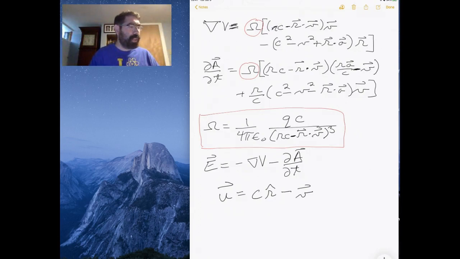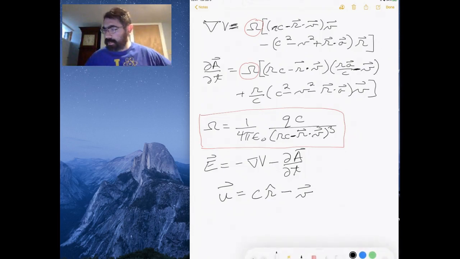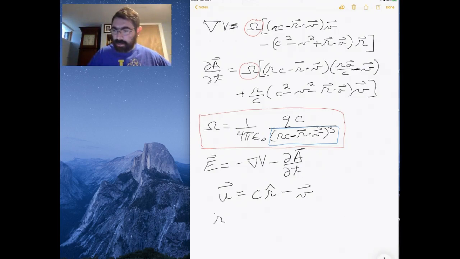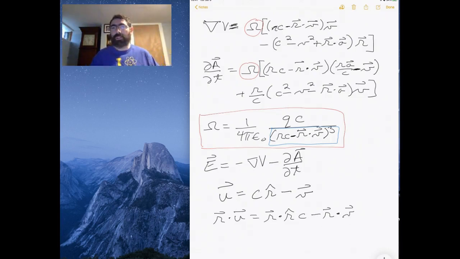Okay, so when I do that, I can take a look at this term here in the denominator of what I've called omega, and take the quantity r dot u, that quantity right here.